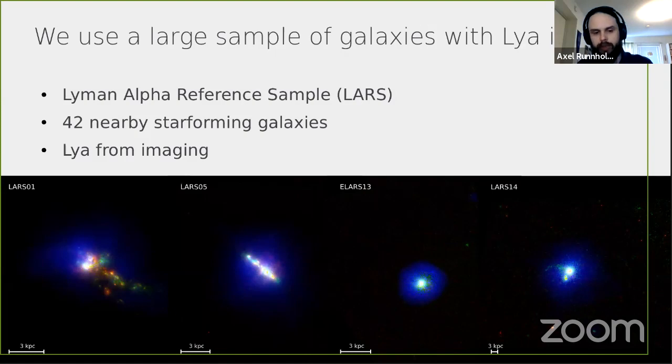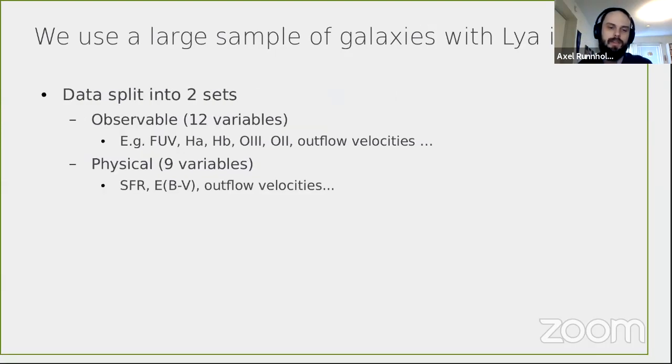They're also close enough that we can get very detailed data sets, including Lyman Alpha imaging, far UV, H alpha, etc., as well as UV spectroscopy.